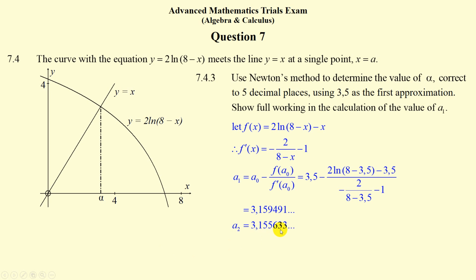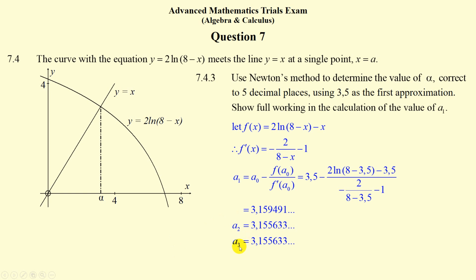So A2 equals, and what happens is, it said show full working for A1, so I'm not showing full working for the rest. You don't need to. You could just go straight here and type in that again, where you're going to use recall memory where there's a 3.5, and you get that answer. Store that in the memory, and I would store it in memory bank B in case I have to come back to that one.